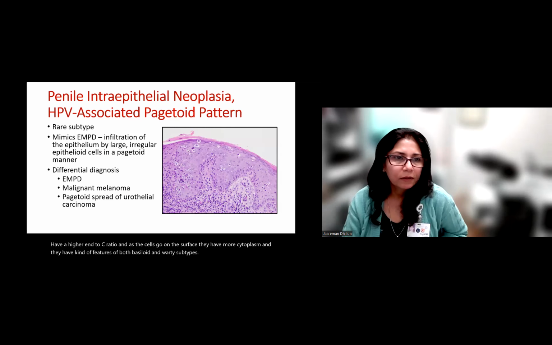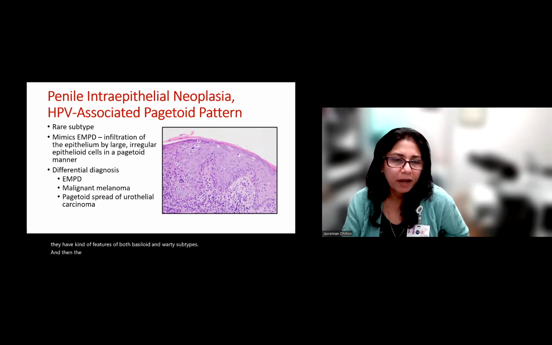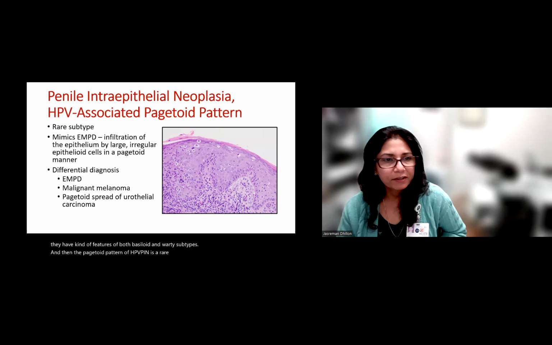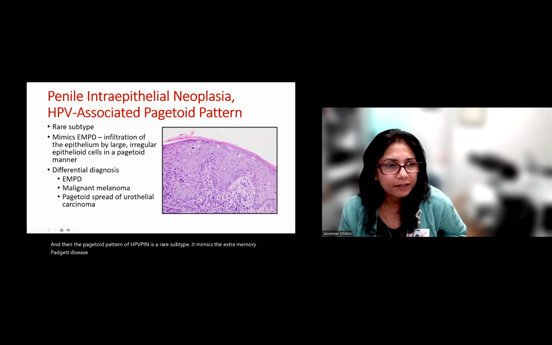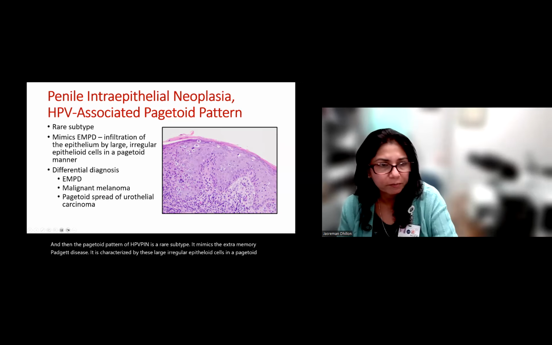And then the pagetoid pattern of HPV-PEIN is a rare subtype. It mimics extramammary Paget disease. It is characterized by large irregular epithelioid cells in a pagetoid manner within the squamous epithelium.